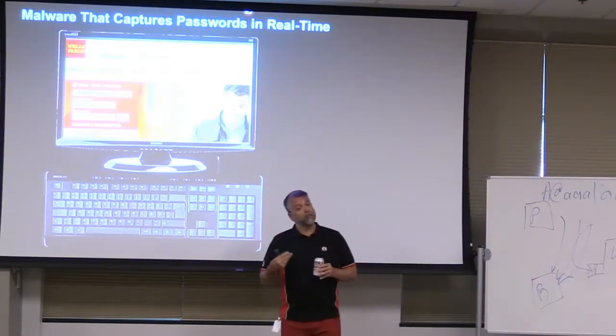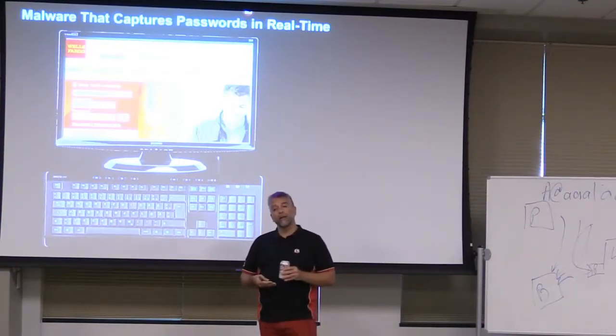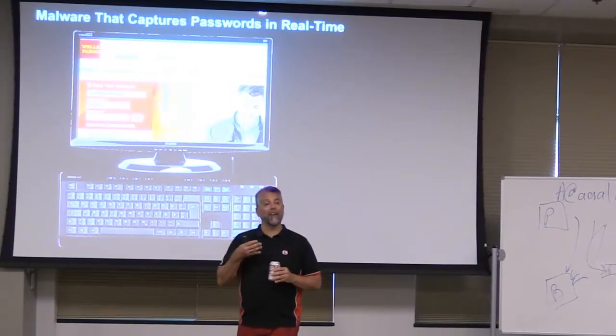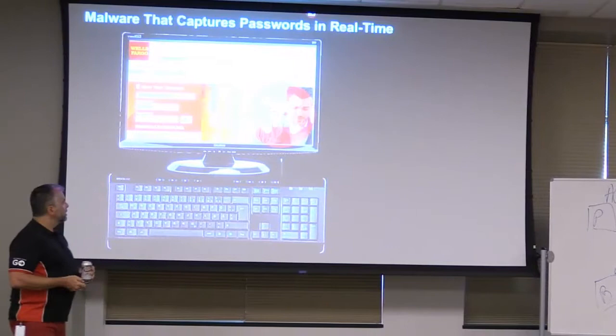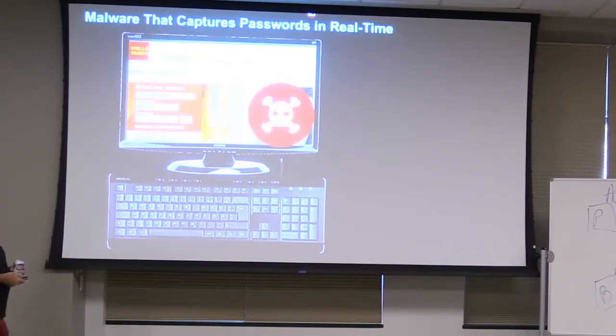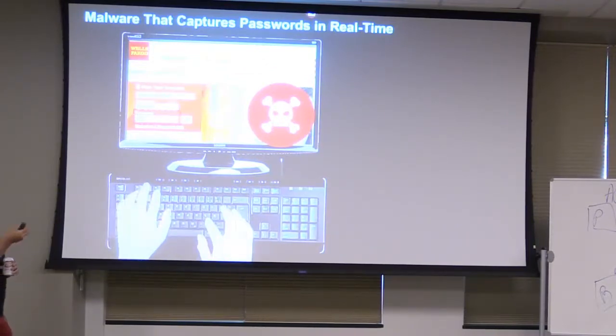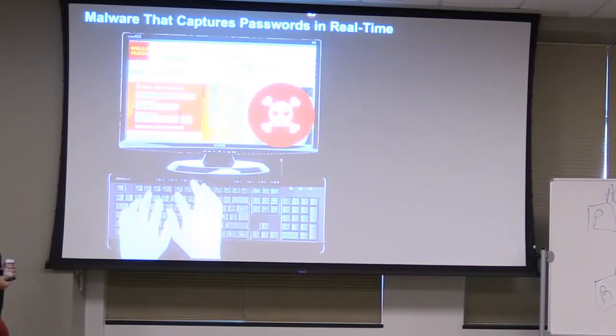Then I also mentioned there's another issue. Some malware can capture passwords as they're typed. So let's watch how this works. Malware is running. The user starts typing in their password, and for every character, the malware is capturing that. Boom. It's getting every single keyboard character.